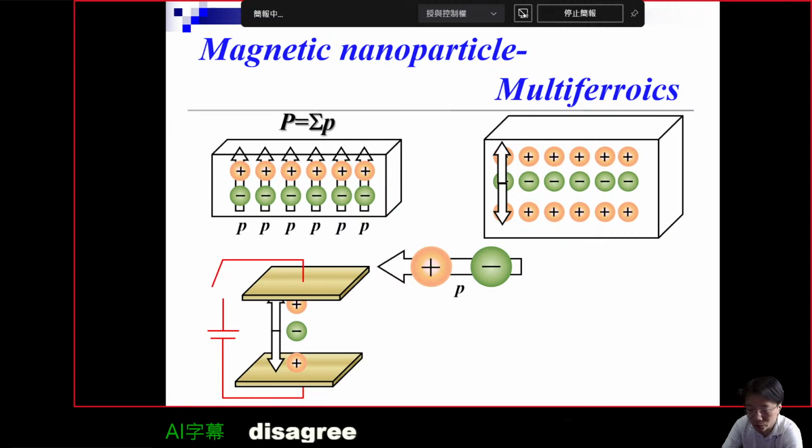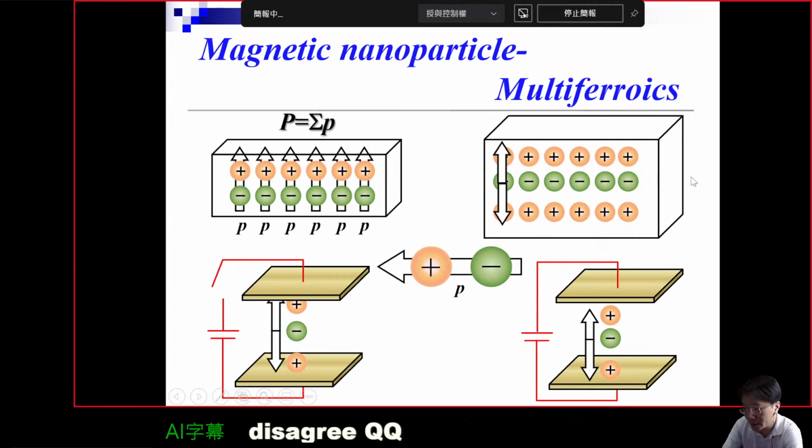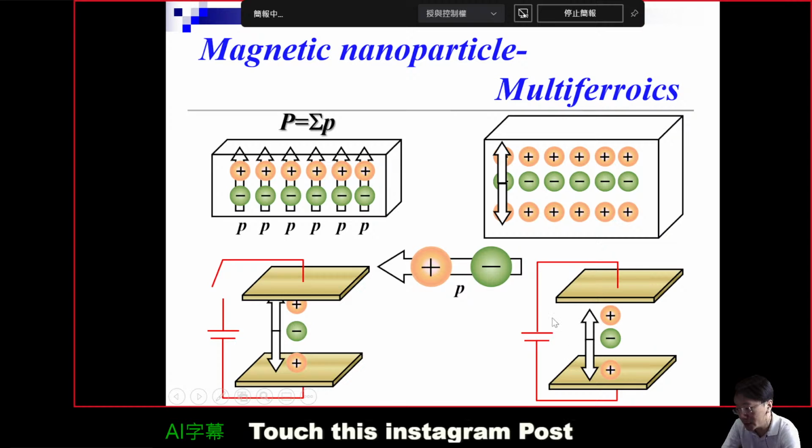But when you apply an electric field, then you can partially induce the electric dipole. For example, if we apply the positive electric field here and negative electric field here, the negative charge will tend to go upward and the positive charge will go downward.